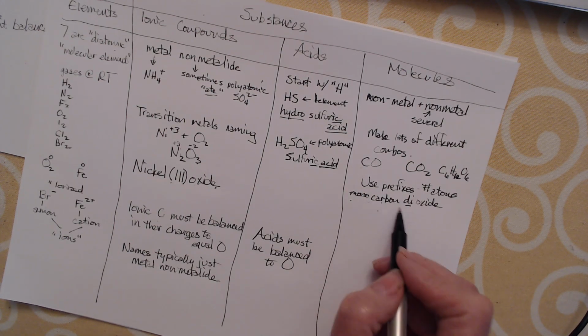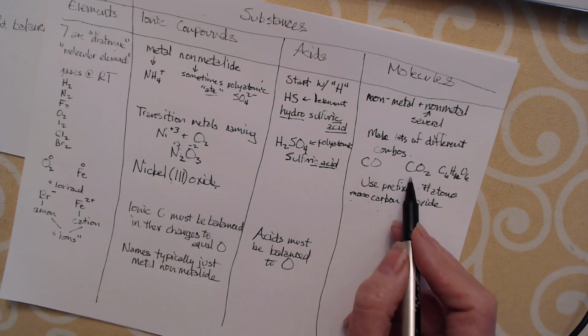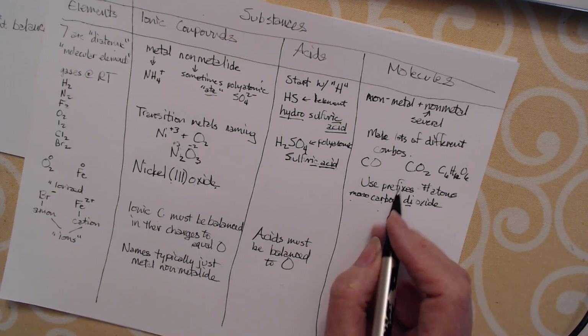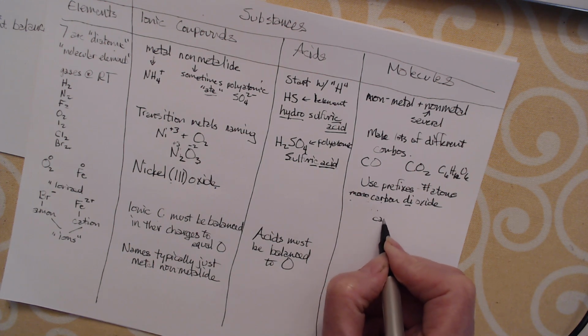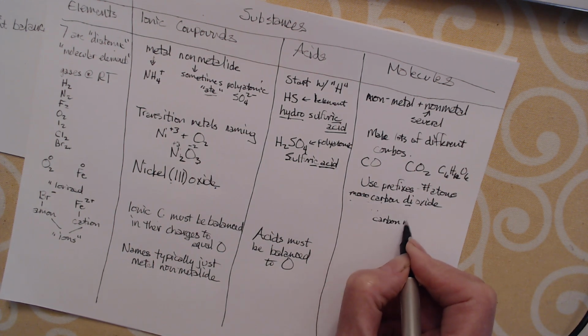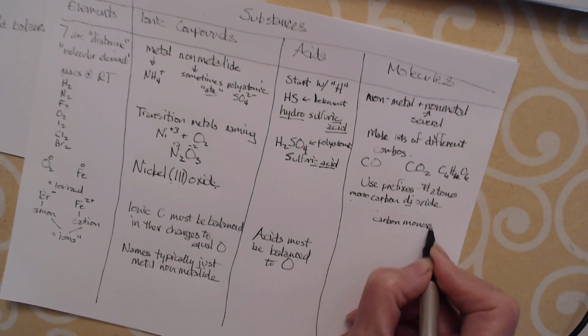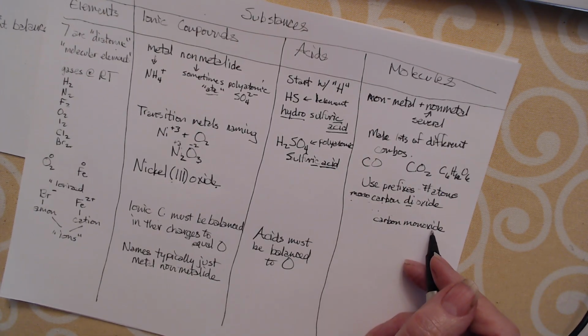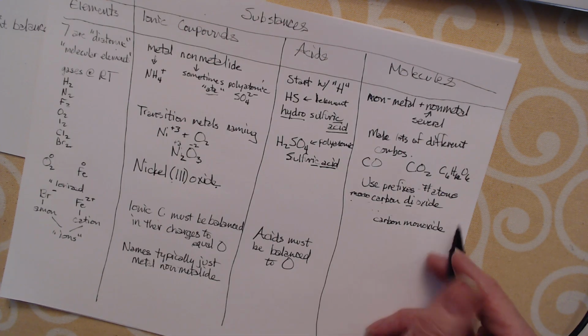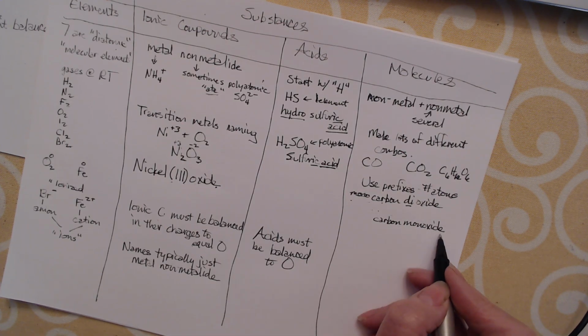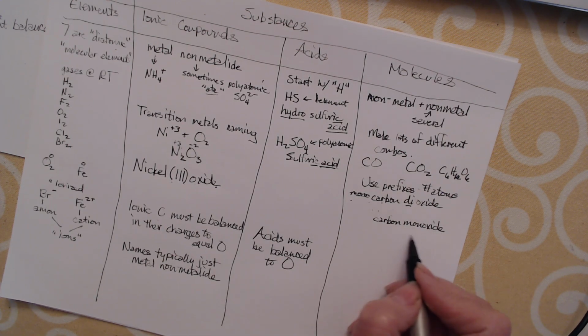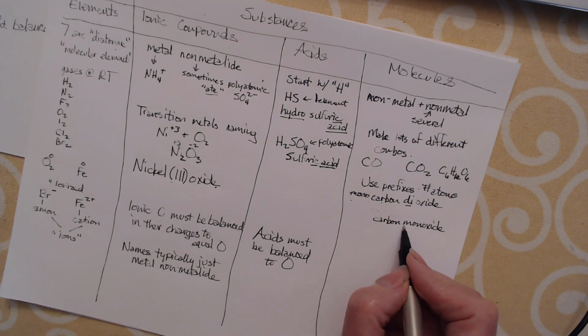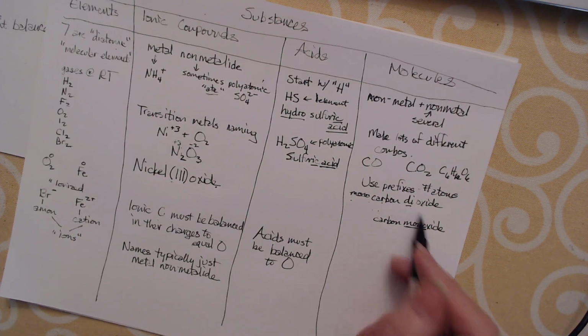If there's only one, like you can see here in carbon dioxide, I've only got one carbon, we don't say mono, but we do say carbon monoxide. So if the second or third, any subsequent element in the name has only one atom of that particular element, then we will use a mono, but only then.